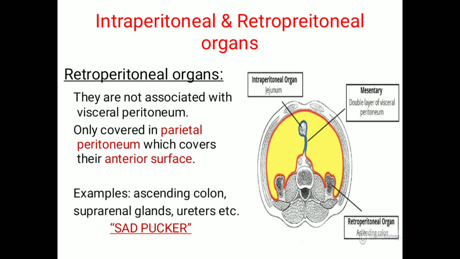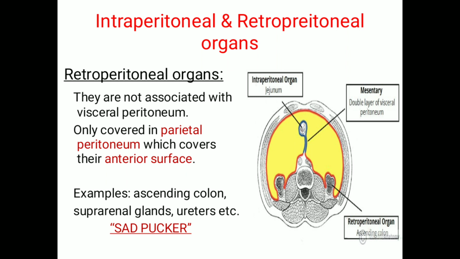Next is the retroperitoneal organs. These organs are not associated with visceral peritoneum. They are only covered by parietal peritoneum, which covers only their anterior surface. So in this diagram down there, that is the ascending colon.